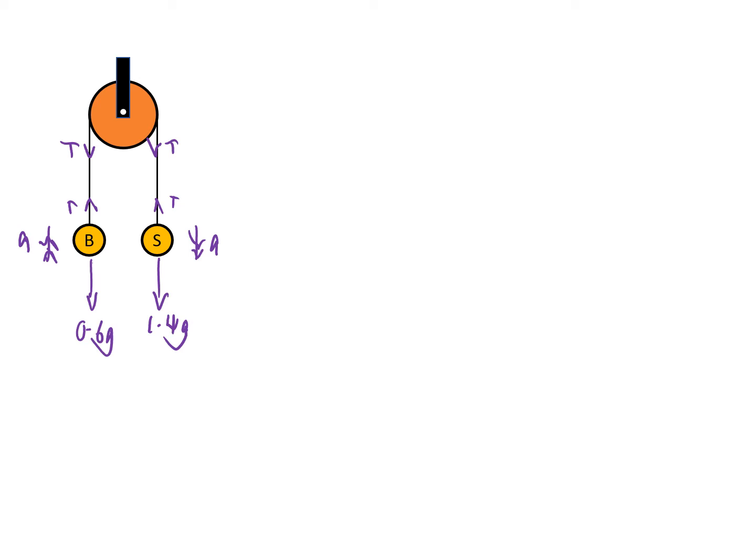So looking at S, I can write down the equation of motion for S now. F equals ma. And what does F stand for? Quite often people say force, and I say, well, what force? We've got lots of forces.